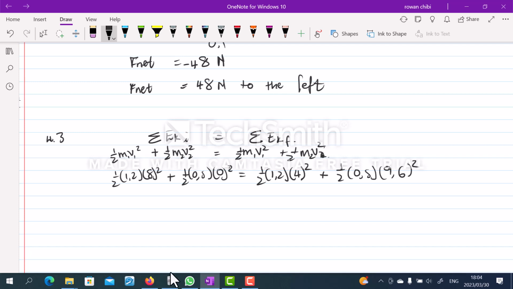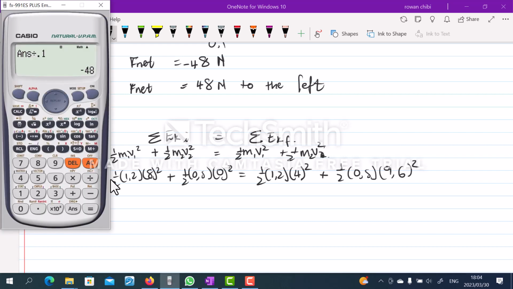Then take a calculator, then we said half multiplied by 1.2 multiplied by 8 squared, then we have 38.4.